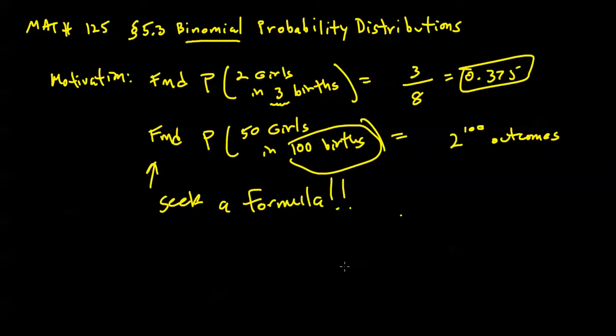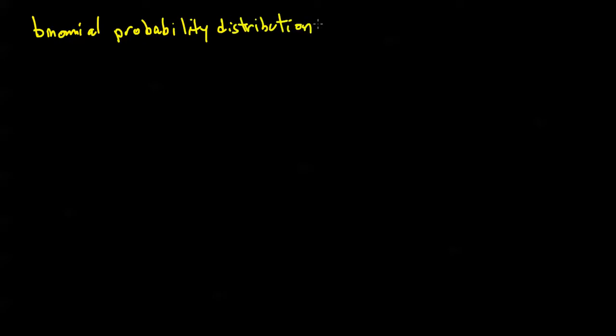But we're getting ahead of ourselves. First, we've got to get some notation down. We're going to say this: a binomial probability distribution will arise from a procedure that has the following characteristics.